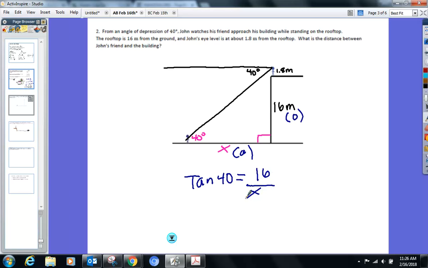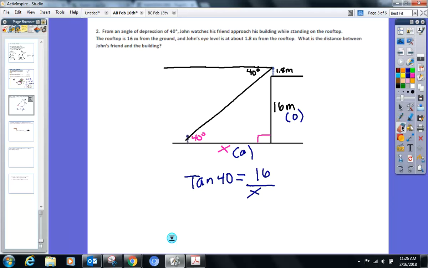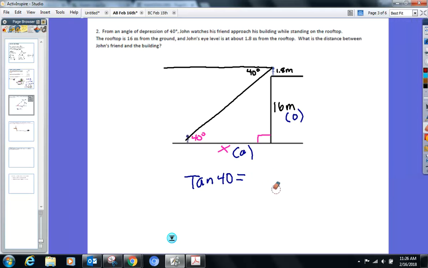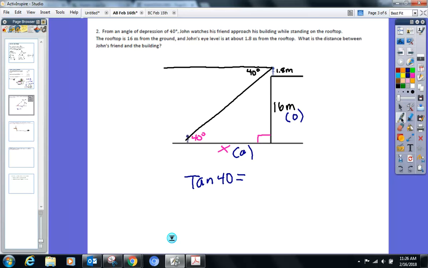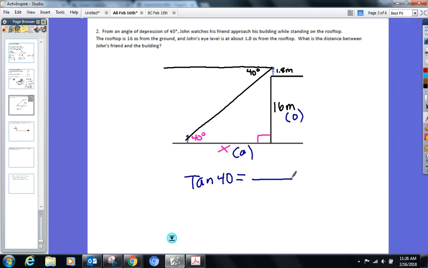And here we go. Wait, so when you have to add 16 and 1.8? You got me. I was all fired up with Will getting that whole alternate interior. Yes, I would not use 16. I would use 17.8.